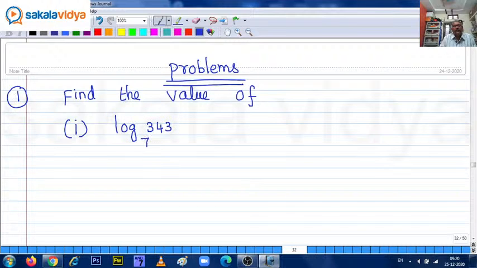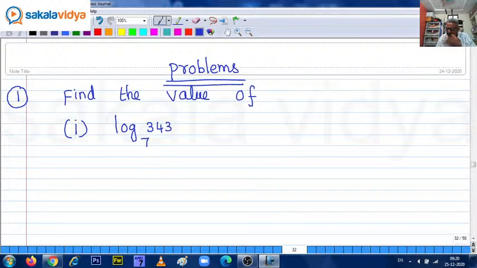You need to find the value of log 343 to the base 7. This kind of question will definitely appear in the examination. Please, my dear children, you need to concentrate on this one. This is very, very important.